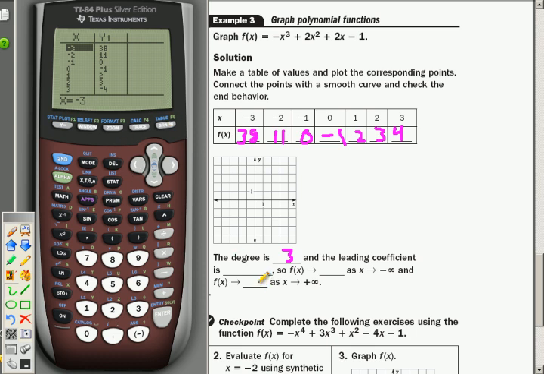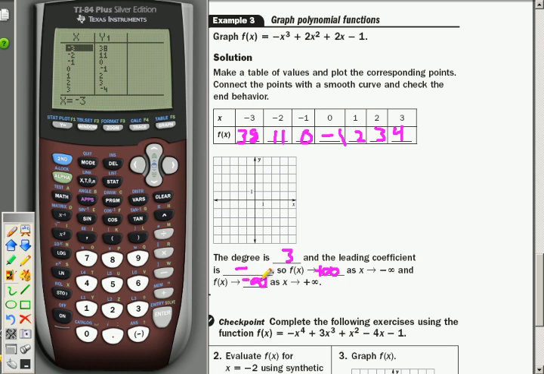It looks like it's a third degree polynomial and the leading coefficient is negative. So if we look to the rules about a negative leading coefficient but an odd degree, then f of x goes positive as x goes negative, and f of x goes negative as x goes positive.